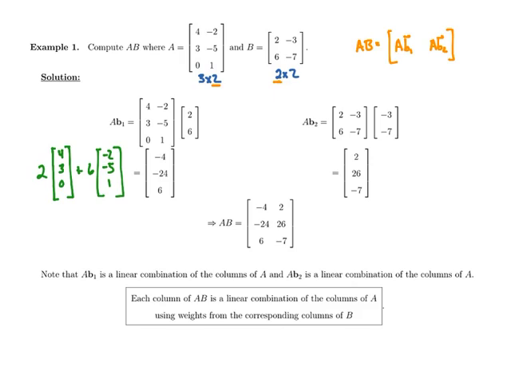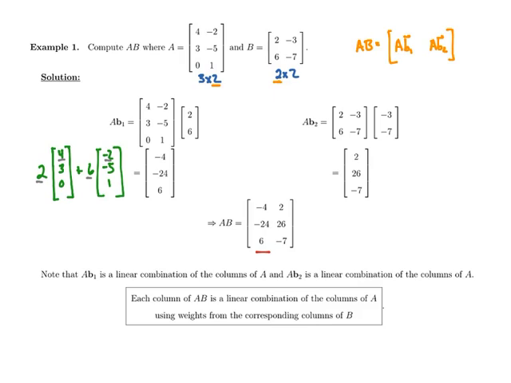And if I do 2 times 4, see what I'm doing here, 2 times 4 plus 6 times -2 is 8 minus 12. I get -4. We can continue doing that to get the other two numbers. And that gives me the first column of AB, that -4, -24, 6.